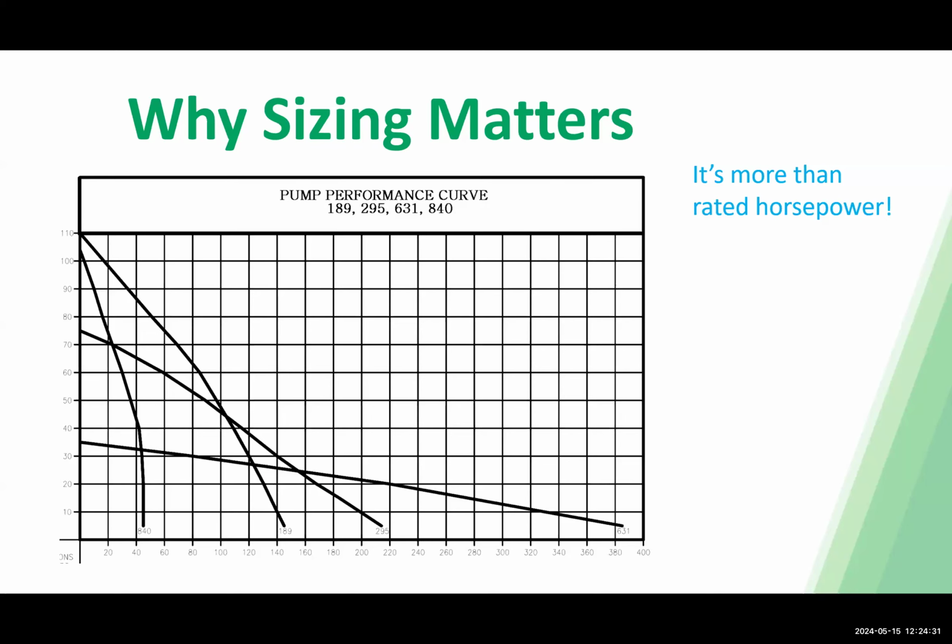However, you'll notice that its shutoff head is about 35 feet, so it can't handle a whole lot of pressure. However, with the 840, it can go up to about 42 gallons per minute, but it can go to 104, 105 feet of head. The main reason why I'm showing this is because these are all 2 horsepower pumps. You never want to size based on horsepower alone.